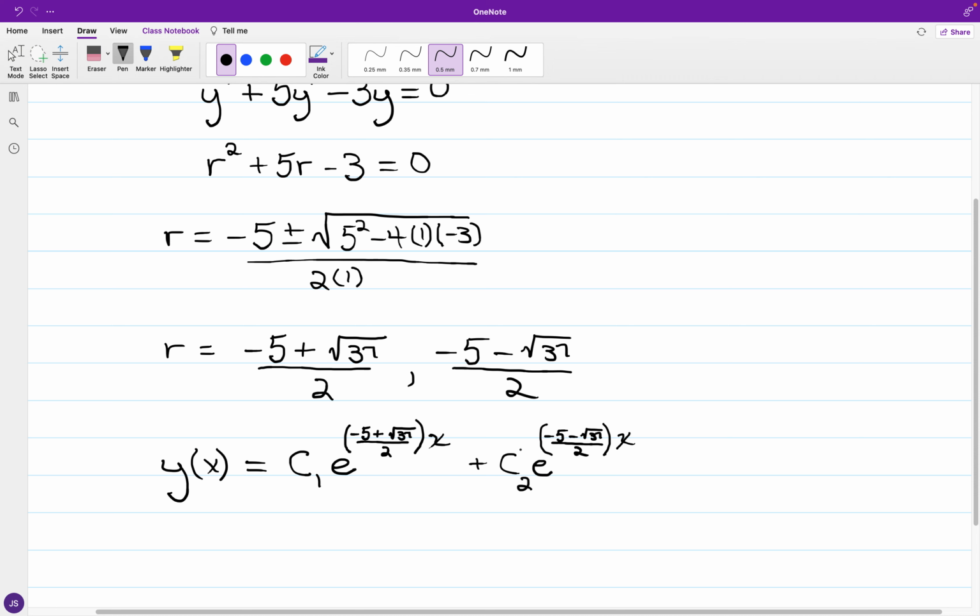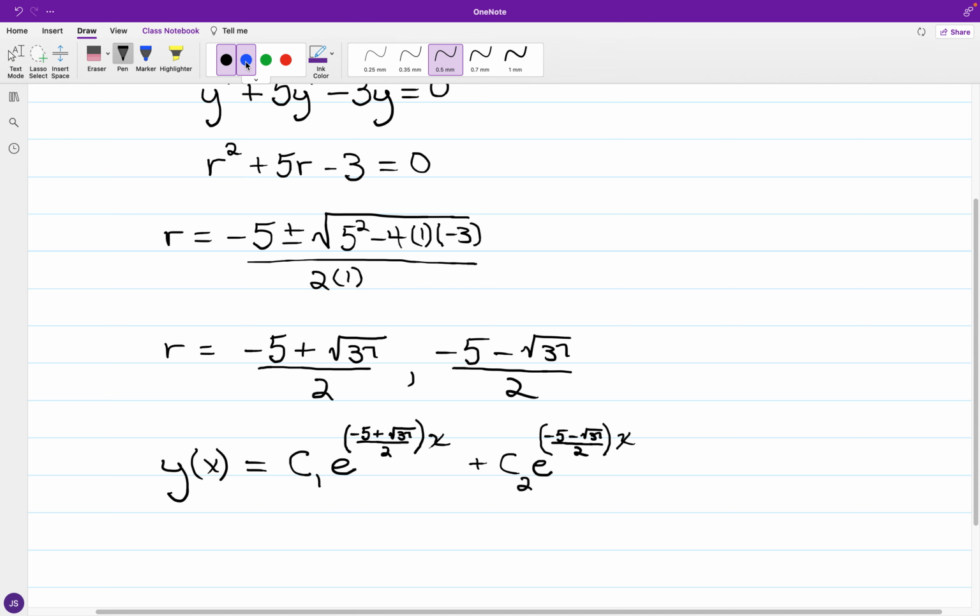That would be your general solution for y. So you can have some crazy roots, and the solution might look like a rather strange set, but this is what we would have in exact terms.